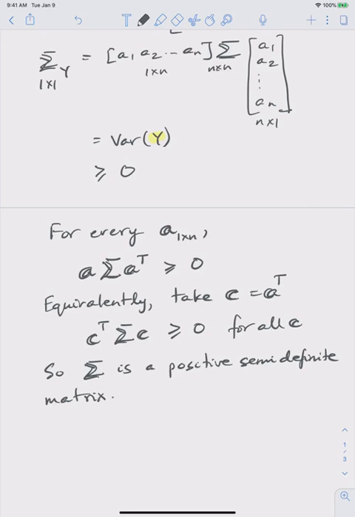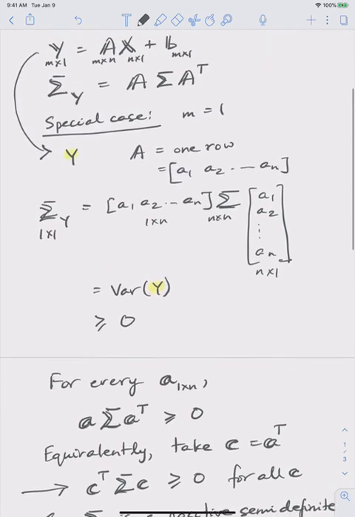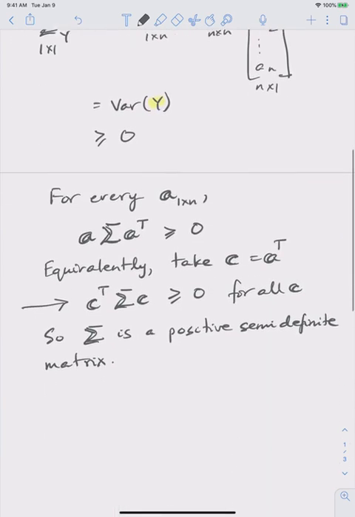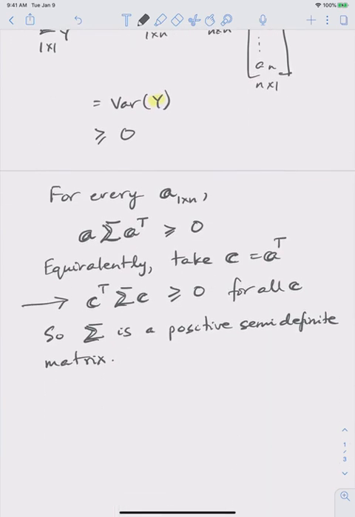A positive semi-definite matrix is a symmetric matrix that satisfies exactly this condition. And it turns out that not only does a covariance matrix have to be positive semi-definite, every positive semi-definite matrix is also a covariance matrix of some random vector.